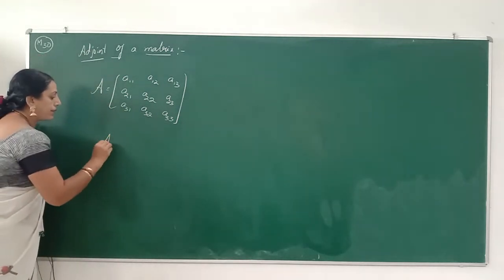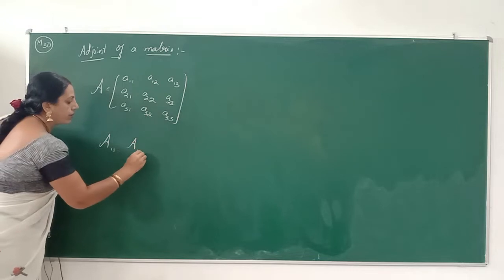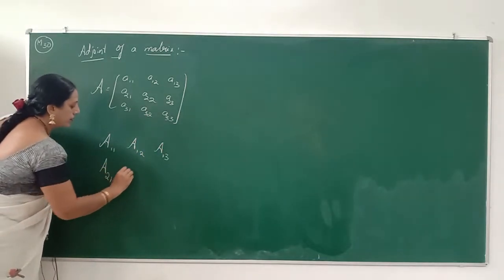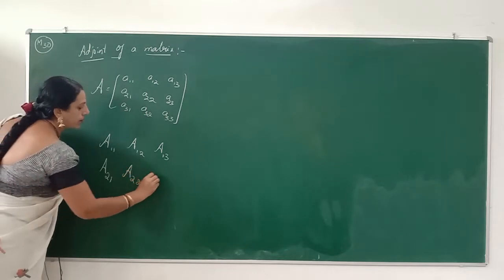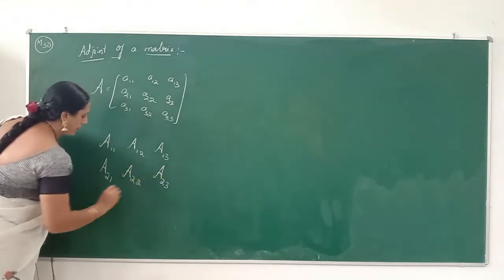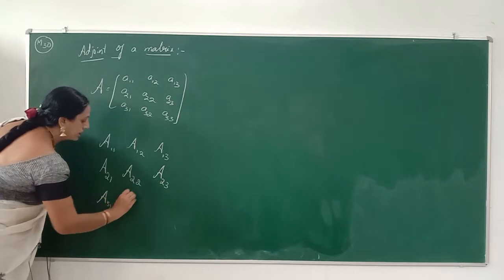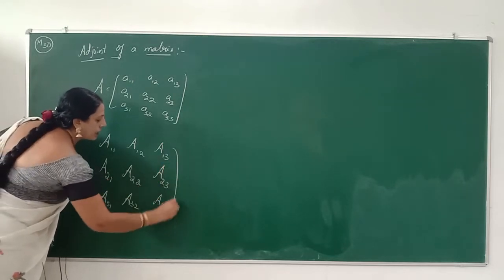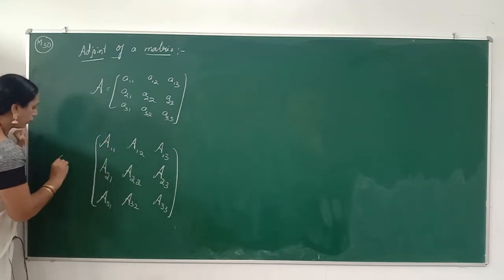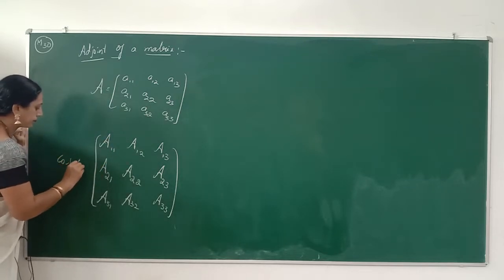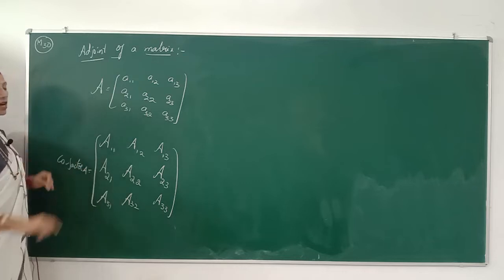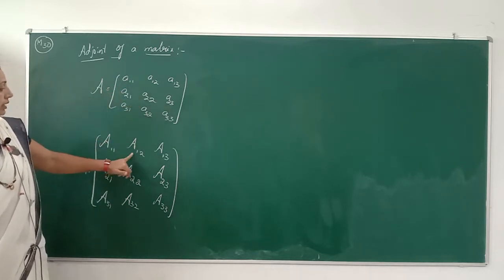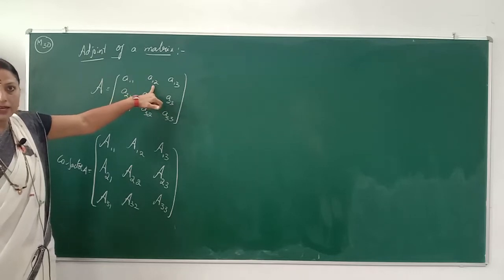Then capital A11, A12, A13, A21, A22, A23, A31, A32, A33 will be called the cofactors of A. Capital A11 is the cofactor of small a11, A12 is the cofactor of a12.